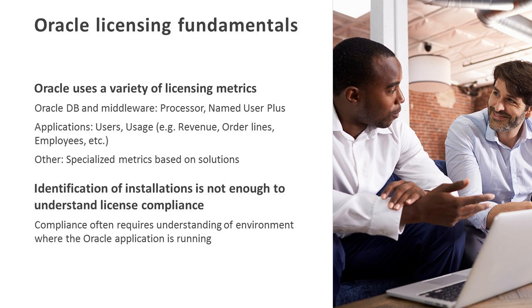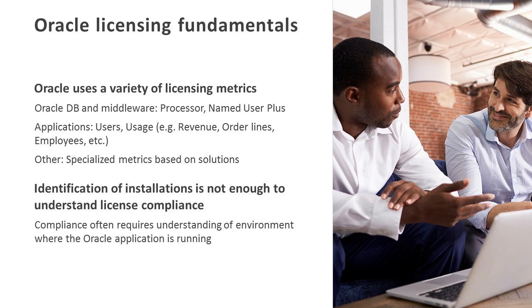They do use a number of different metrics. Commonly for Oracle database and middleware, it's either processor-based licensing or Named User Plus licensing. For other applications, it's either user-based licensing or usage-based licensing. Of course, depending on the specific tool that you're using, there could be other metrics that are based on the solution.